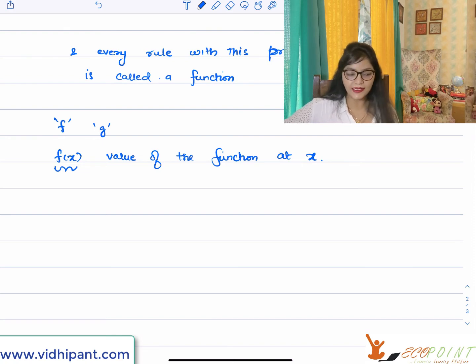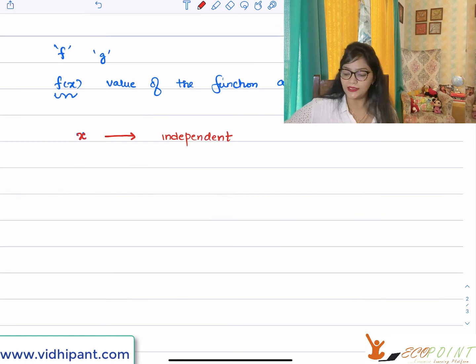Now this x that we are looking into, this x that we are taking, is your independent variable. It's an independent variable which is giving you, say, your y. So most of the time, this is how we depict it.